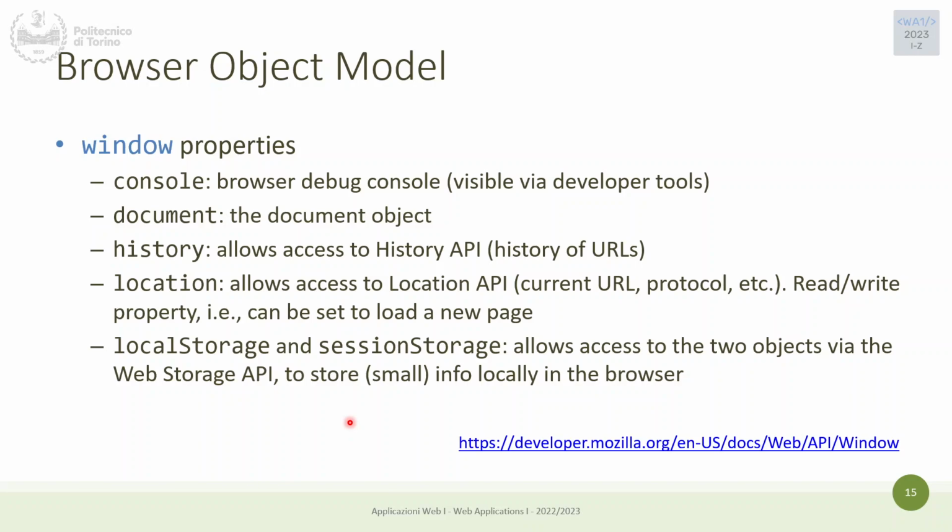Right now, we are not going to discuss how local storage and session storage work, but they are extremely important to manage authentication mechanisms. So we are going to have a look at them maybe in the last week of the course or the week before, when we implement an authentication mechanism inside the web page, when we complete front end, back end, and everything.